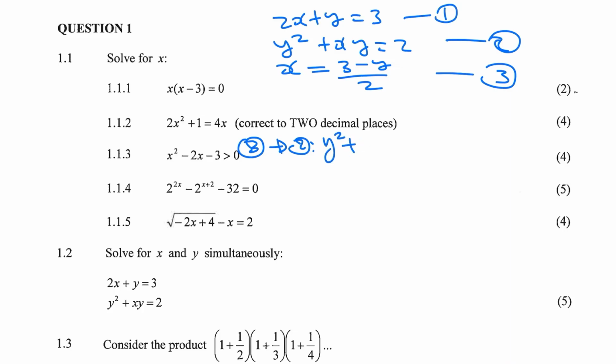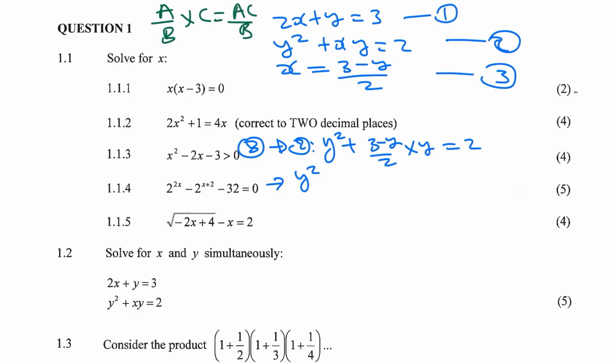So you have y squared plus x, and x we said is 3 minus y divided by 2, times y is equal to 2. Of course, if you have a over b times c, this is just ac over b.